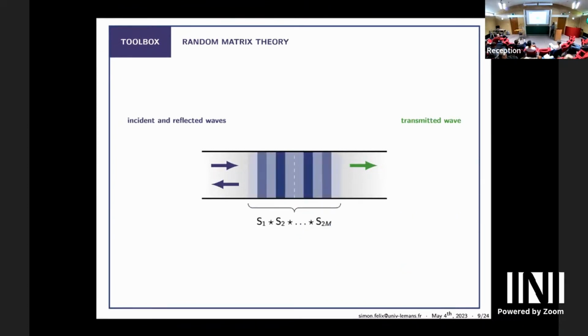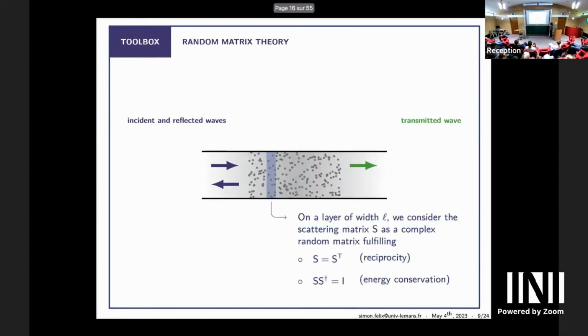You cannot describe that by only one random matrix. No, when you do this, you miss one important aspect of the disorder, which is that the scattering is somehow cumulating. For example, if I consider only one slice, statistically I will have an equal probability of going back and going forward, because it's fully randomized. If I want to describe a chaotic system, typically one random matrix will be okay.